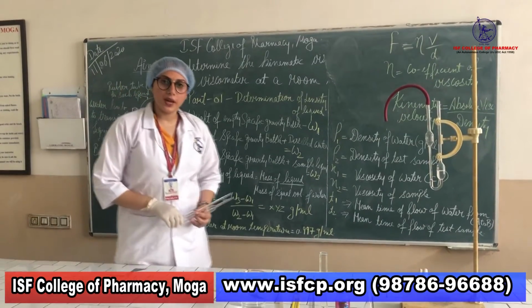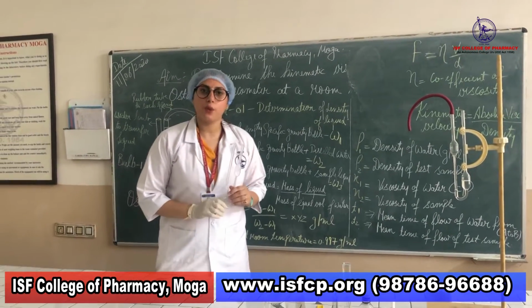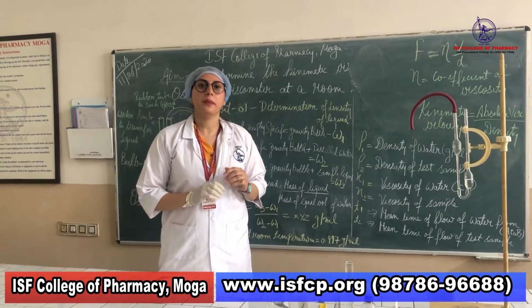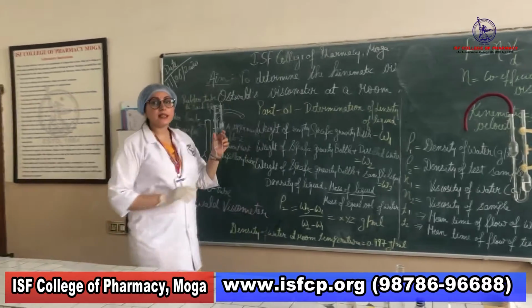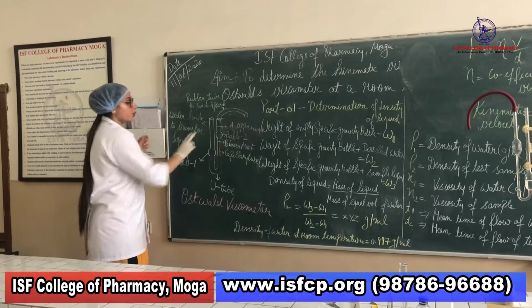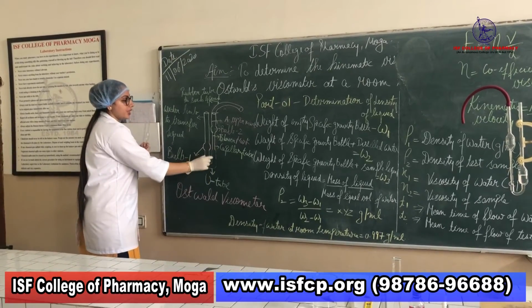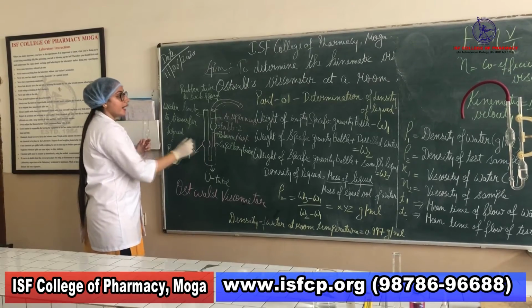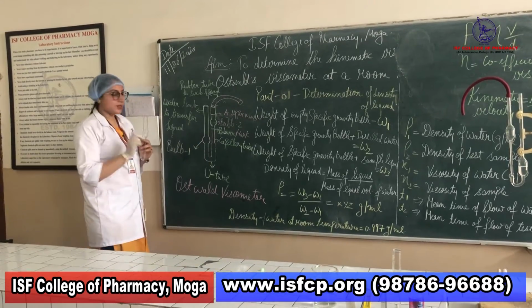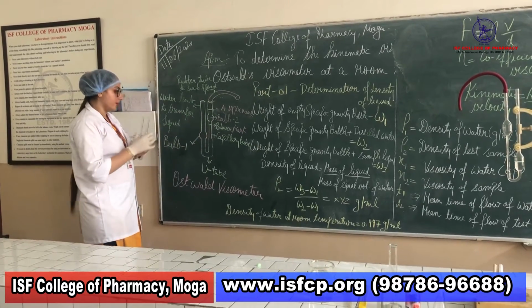Let me brief you about the viscometer we are using to determine the viscosity. This traditional viscometer has two tubes joined by a U-tube as a connector. It consists of two bulbs, one broad and the other small.